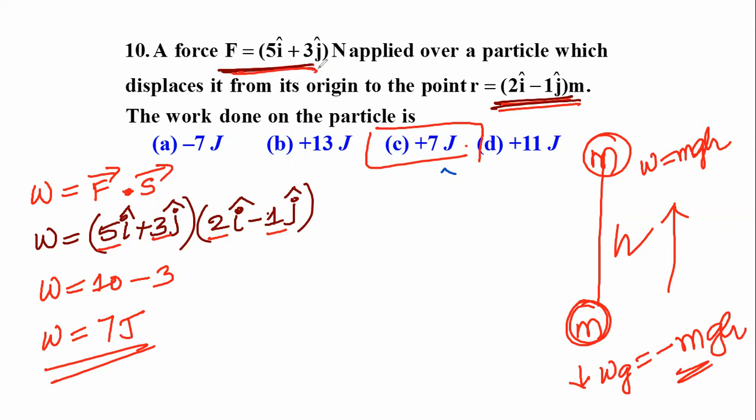So if they say the work done by the gravitational force, we take minus 7. But they didn't say that, so we have calculated for positive work done, that means along the direction of the displacement. This is regarding the vectors.